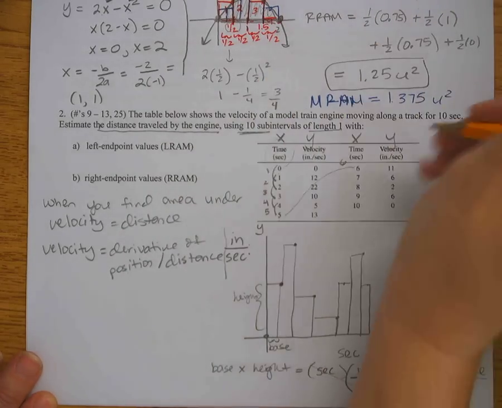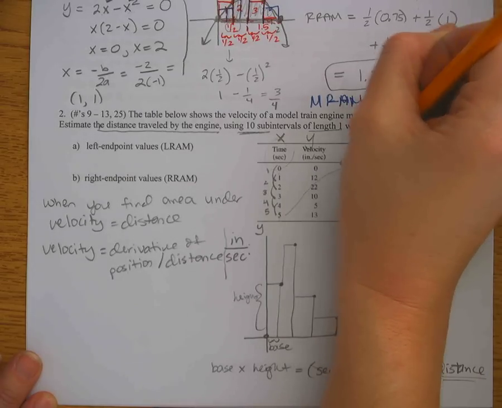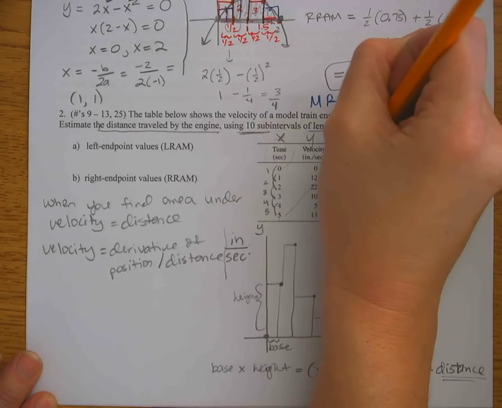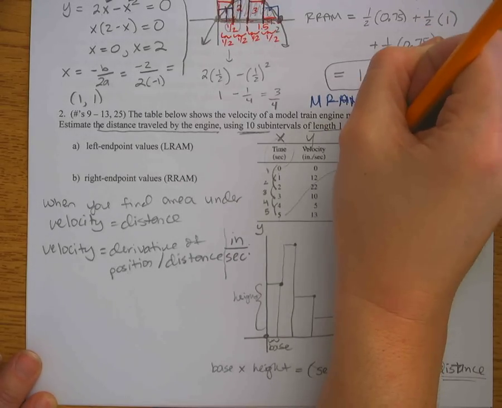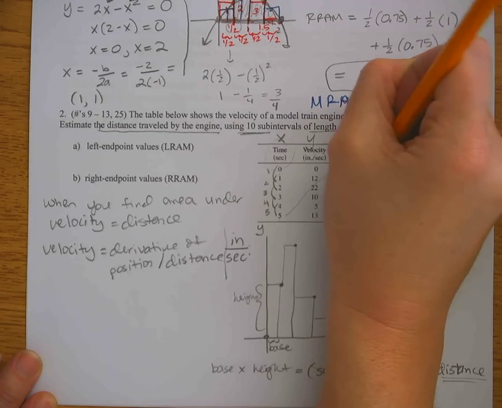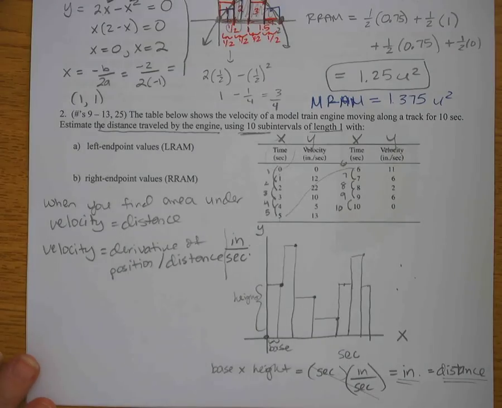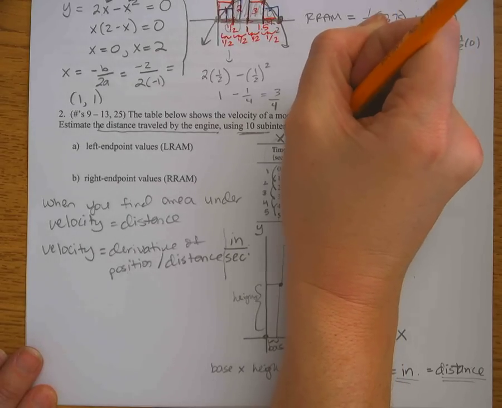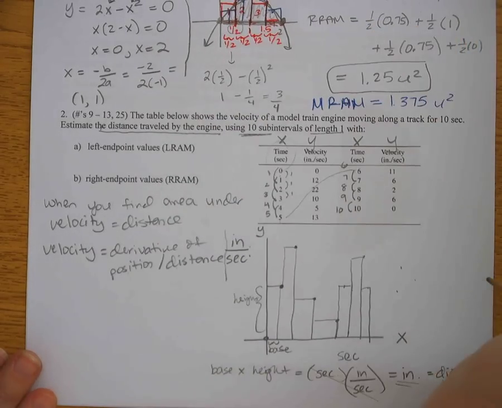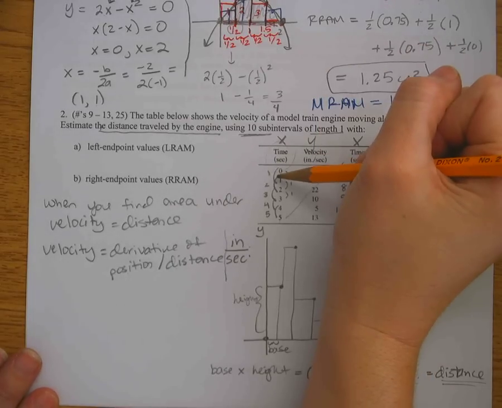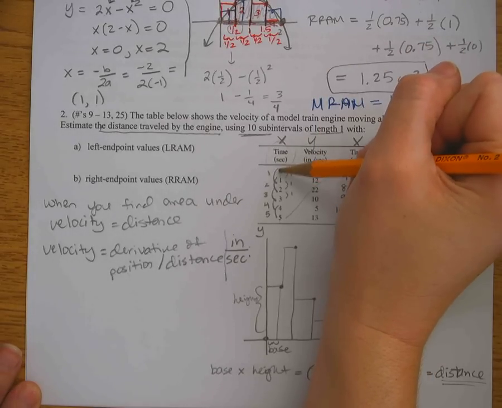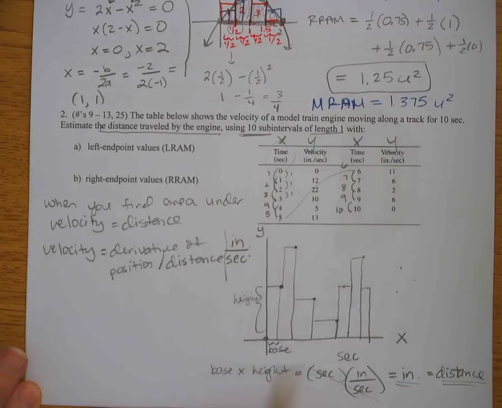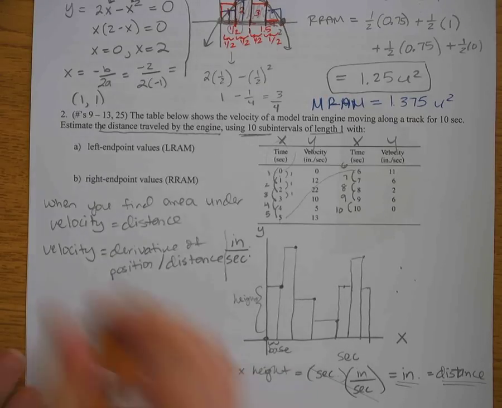The sixth from 5 to 6. The seventh from 6 to 7. The eighth from 7 to 8. The ninth from 8 to 9, and then the 10th from 9 to 10. Also notice the intervals all have the same distance of 1 between them, which is helpful because those distances between x values are what form the base of the rectangle.